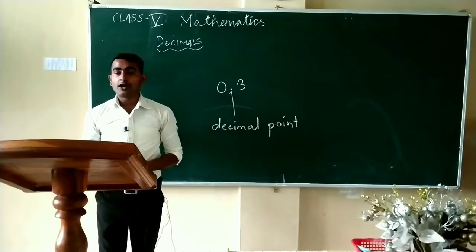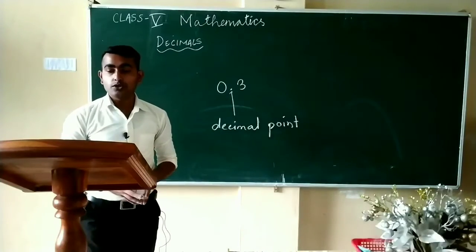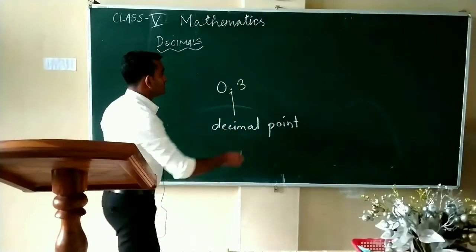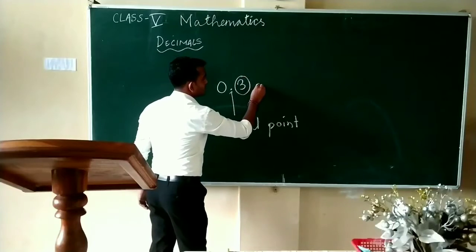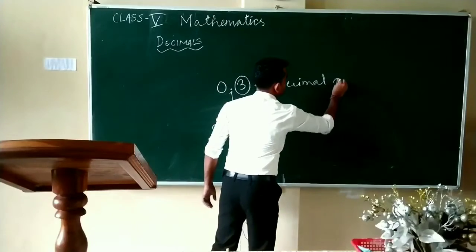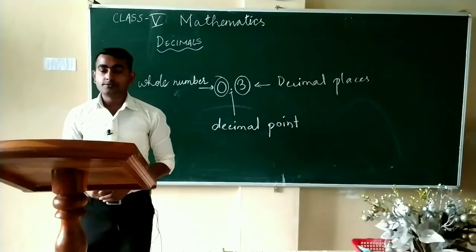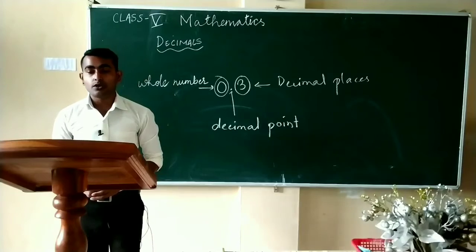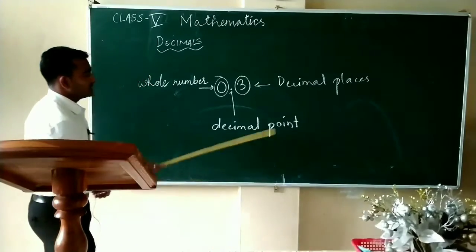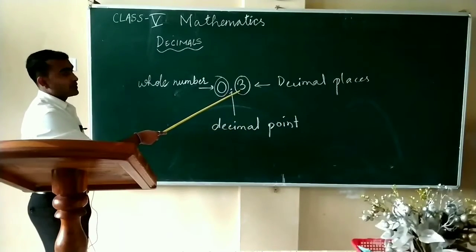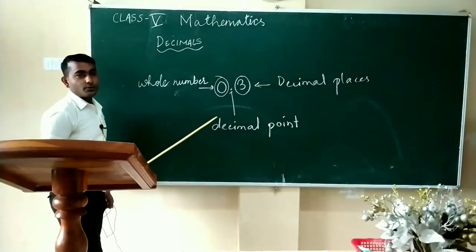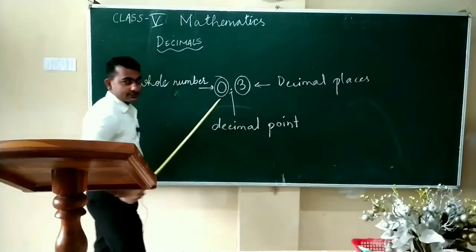The number of digits after the decimal point is called the number of decimal places. This part is said to be what? Decimal places. The number of digits after the decimal point is called the number of decimal places.